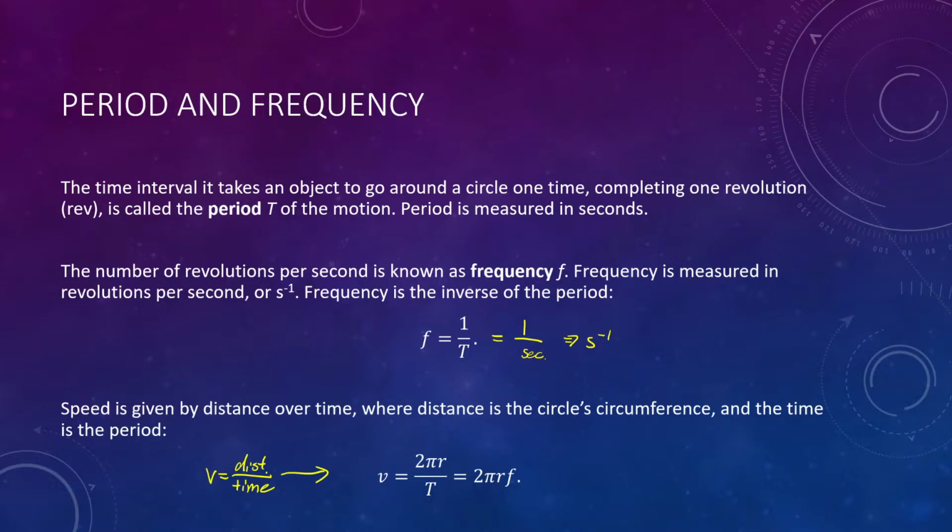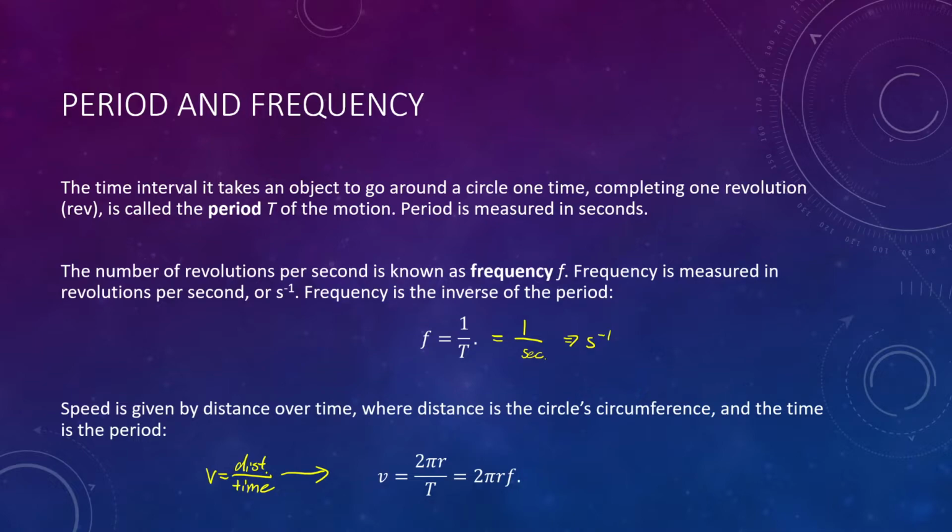And the time it takes to go around the circle, we've just defined to be the period T. So if we wanted to say speed is distance over time, we could write that as 2 pi r over T. Or, because period is the inverse of frequency, we could also write this in terms of frequency as 2 pi r f. Both of these equations are perfectly valid. If you're given a period, use the first part of the equation. If you're given a frequency, use the second.